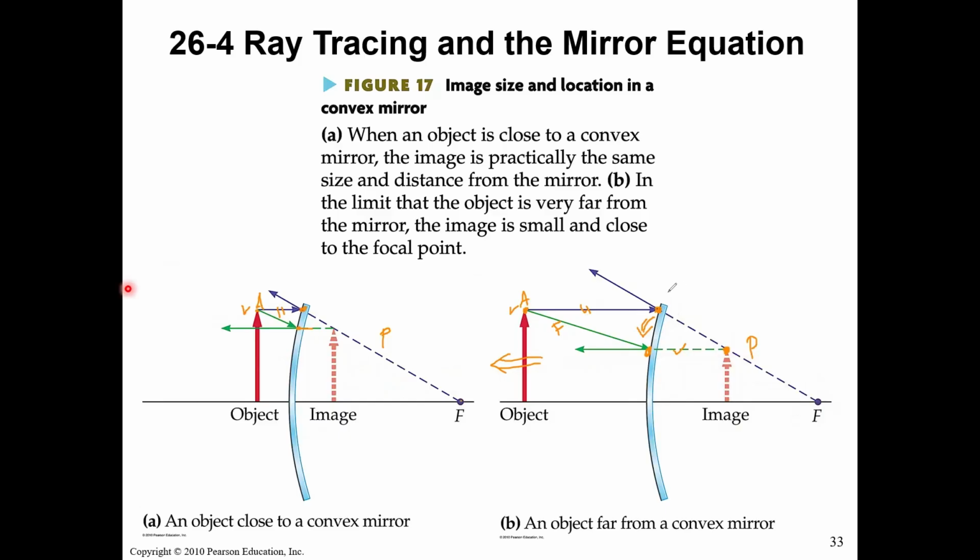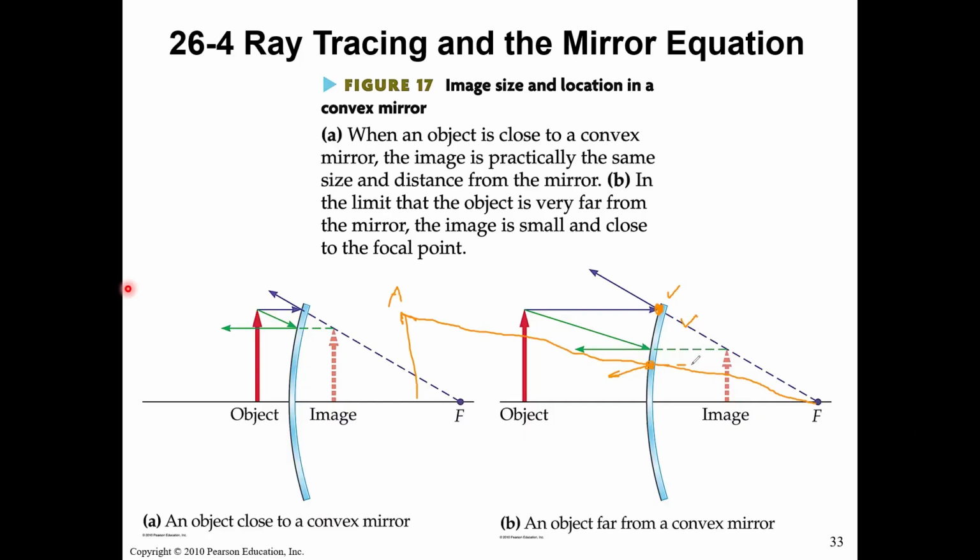Okay, we can draw an even further away object. For example, we talk about this mirror and we draw the object in here, right? So again, the P ray will always be hitting the mirror at the same point, and this blue line is always going to be the same. But then the F ray will be different. Okay, to find the F ray, we connect the point A and the focal point, and it crosses the mirror at the lower point, and then at this lower point, the F ray gets reflected to be a parallel light.